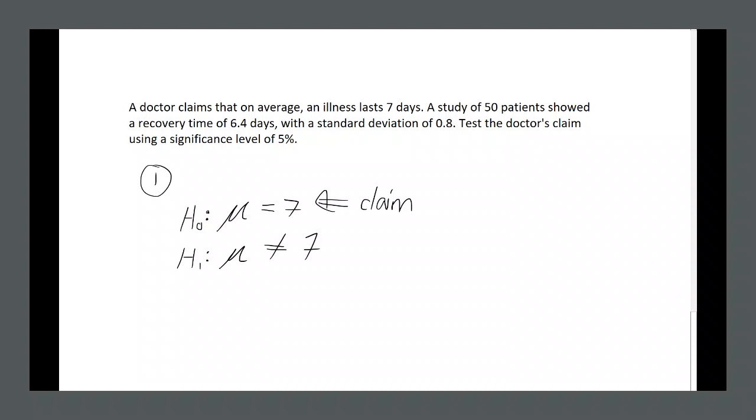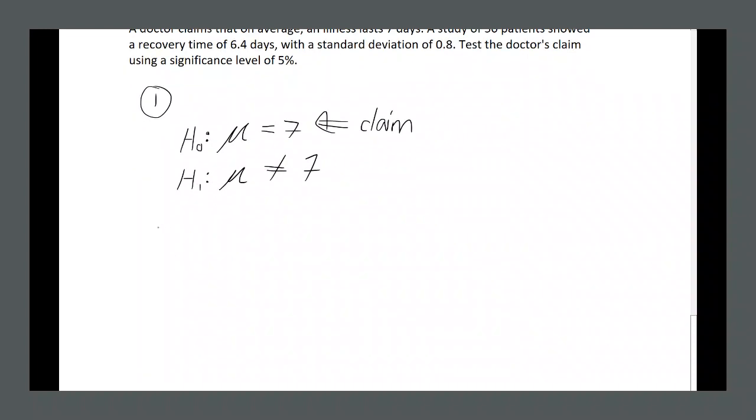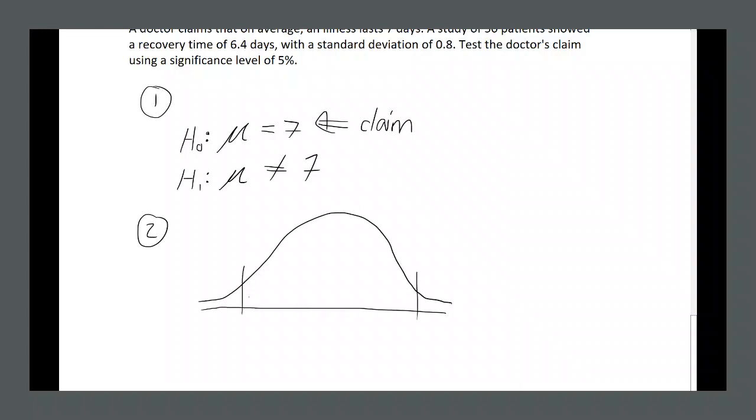Now we want to find the critical values or critical value. Because our alternative hypothesis is mu being not equal to something, we have two tails, two directions in which we can reject our null hypothesis. We could end up with a value too big, sufficiently above 7, or a value too small, sufficiently below 7. So our significance level, alpha, is actually cut into 2.